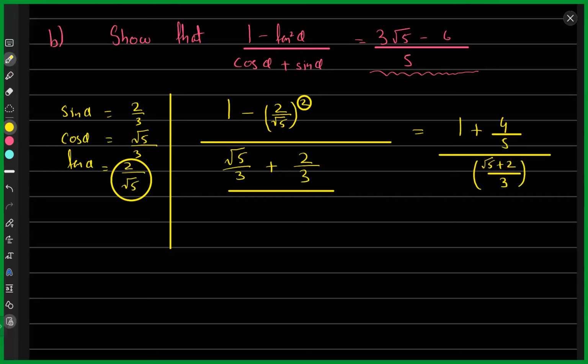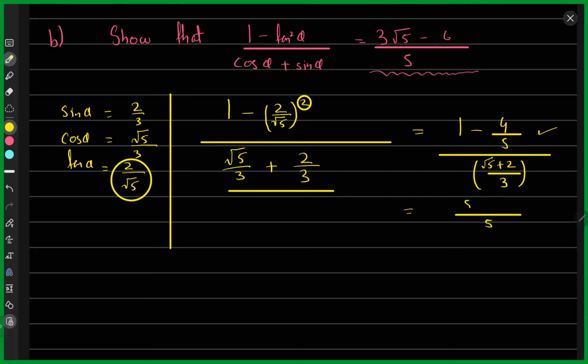All right. This is an issue. One second. This is minus, okay? All right. Next, I'm going to take LCM in the numerator, like right here, to simplify both the fractions. The LCM would be 5.